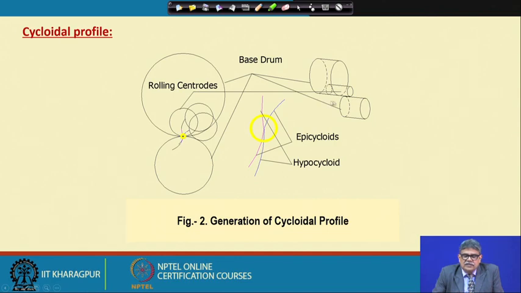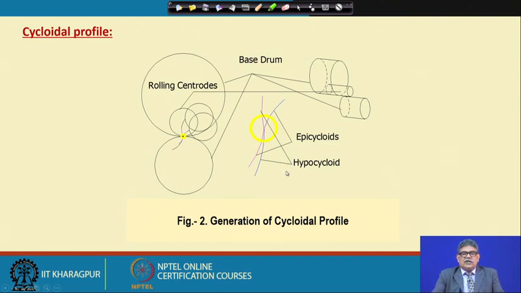If we consider the locus of the point on this drum while it is rotating on this drum, then it will generate a curve. Now, the curve generated on these 2 drums, when it is rotating outside of a drum, is epicycloid, and inside of a drum, it is hypocycloid.